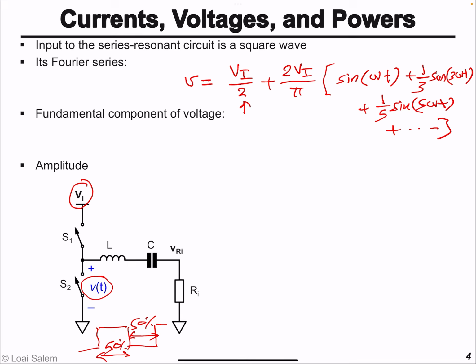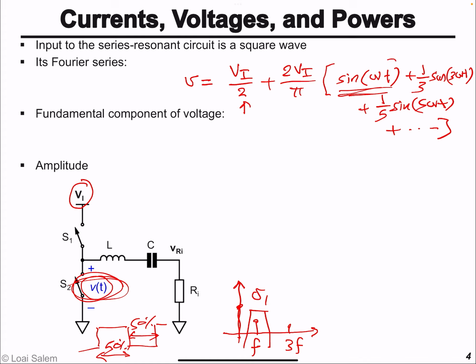And all we're interested in is the fundamental component, because as I mentioned, the RLC circuit behaves as a bandpass filter with high quality, so it will only select the fundamental component of the square voltage, V1.